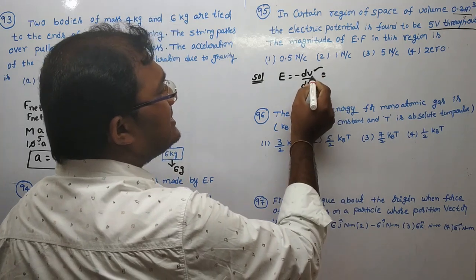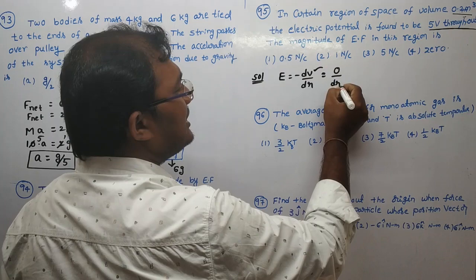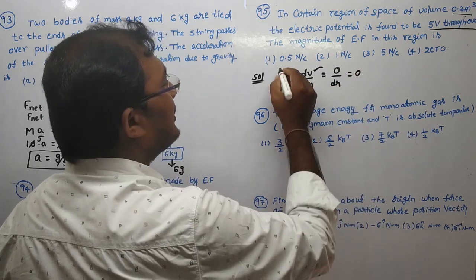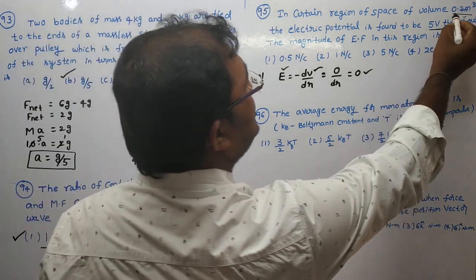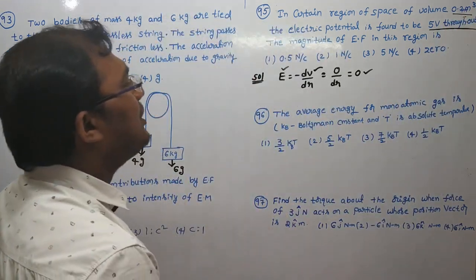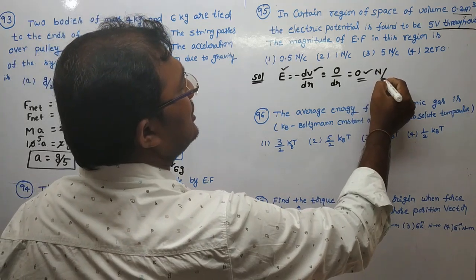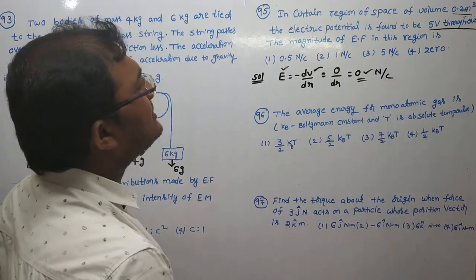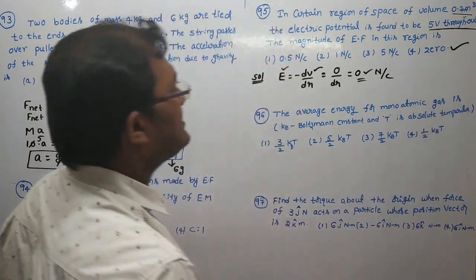That's why the change in the potential should be 0. 0 by something equal to 0. Therefore, electric field must be 0 in the space 0.2 meter cube. So, our required answer is 0 Newton per Coulomb. In options, the fourth one is the correct answer.